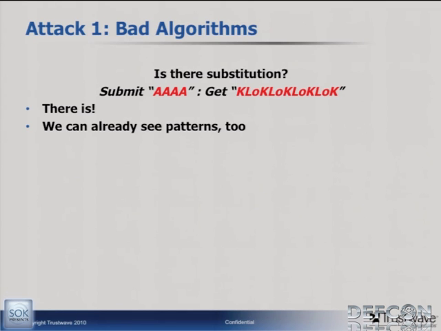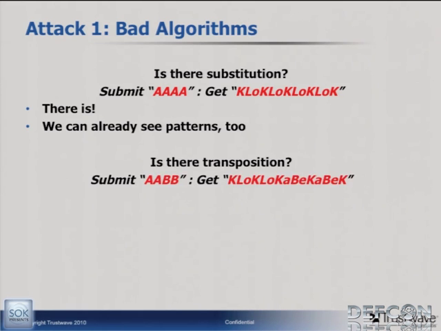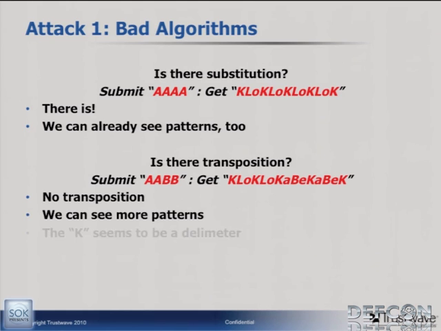The next thing we're looking for is if there's transposition, if characters are being switched around before or after the substitution occurs. So we'll submit AABB, and we see something similar to what we saw last time. You can already start to see patterns in this very quickly. So there doesn't seem to be any transposition, and we can see more patterns.